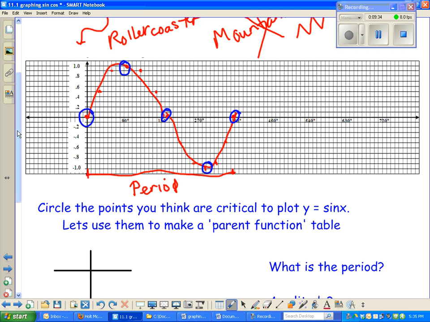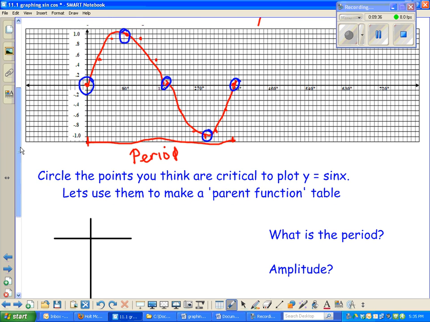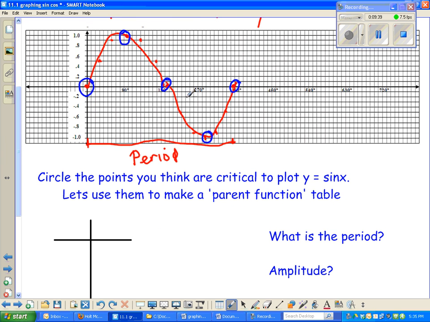So I have circled 5 points that I think are critical. 0, 90, 180, 270, and 360. And those are kind of the easy ones on our unit circle, if you remember that, where sine is 0, 1, 0, negative 1, and 0.